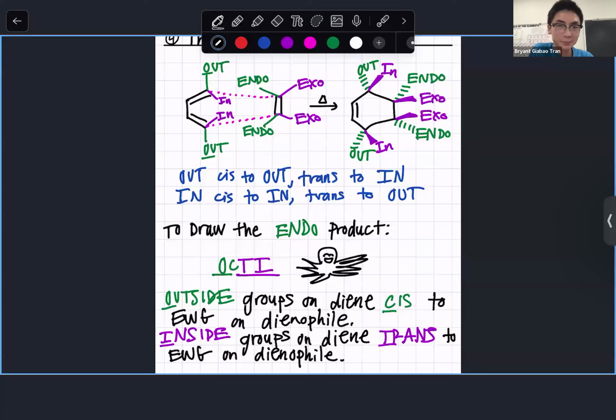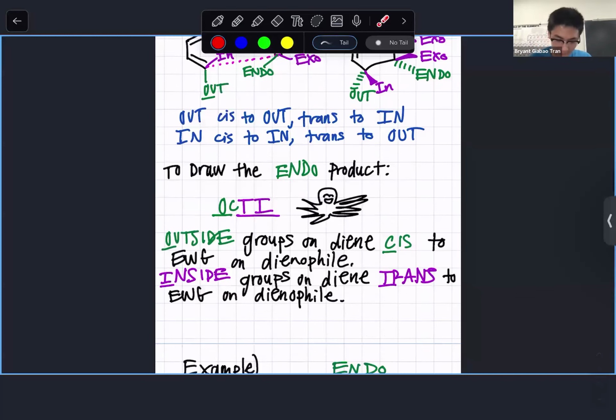There's also another example where the diene could have a group on the 2nd or 3rd carbon here or here, which also affects the stereochemistry. Okay, let's move on to the next example.